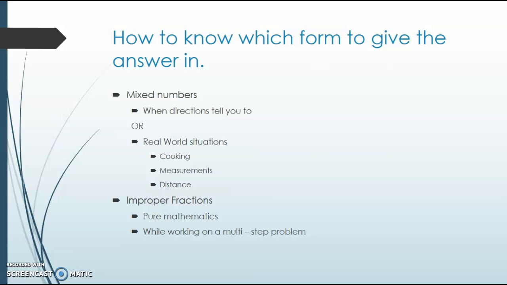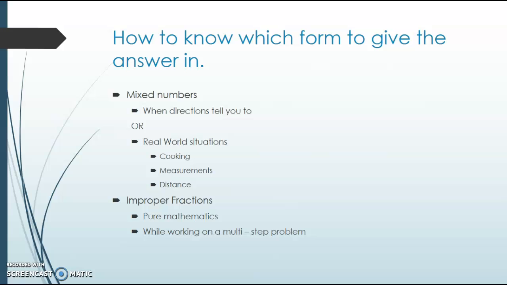Or when we're measuring, building something and taking a measurement, like 3 1/4 inches, or a distance of 3.5 miles. Those are real world situations in which we're using mixed numbers.